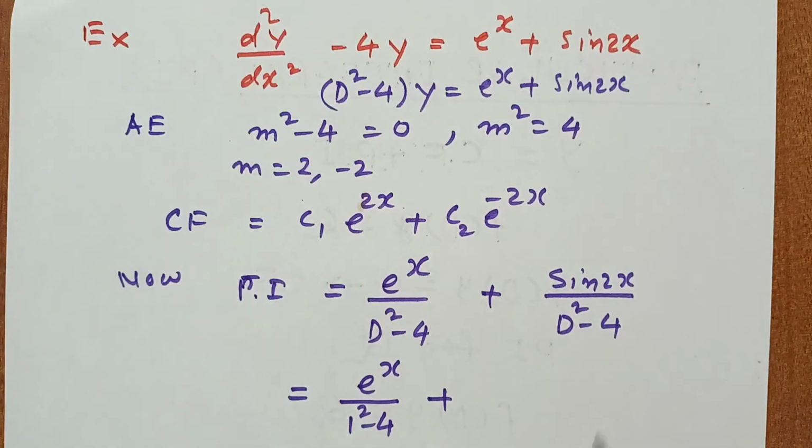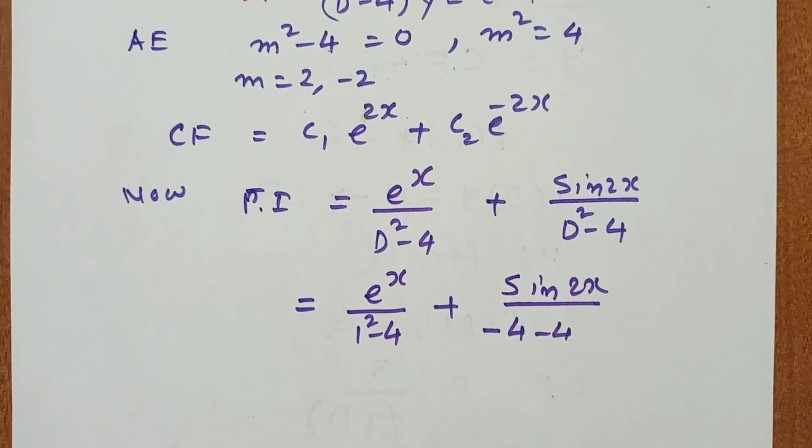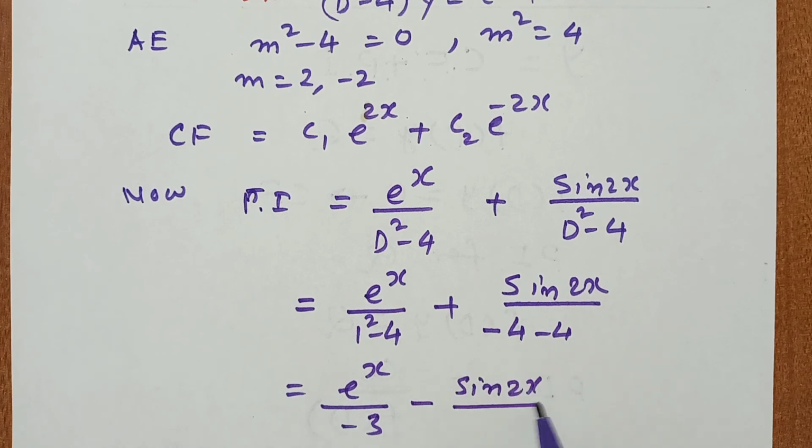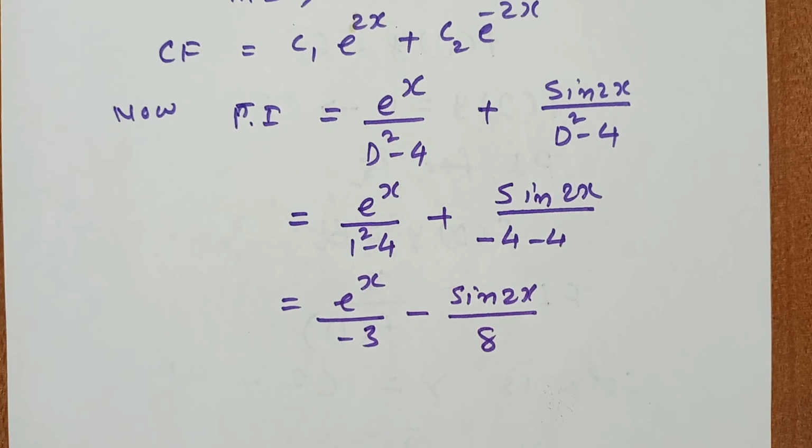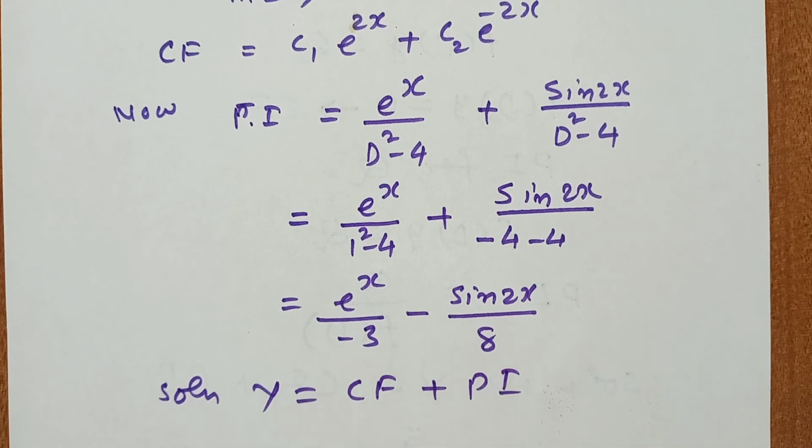So here we put D square equal to minus a square, so sine 2x upon minus 2 square minus 4. So this is e to the power x upon 1 minus 4, that is minus 3, plus sine 2x upon minus 8. So this is the particular integral. So the solution is y equal to CF plus PI. So this is the answer.